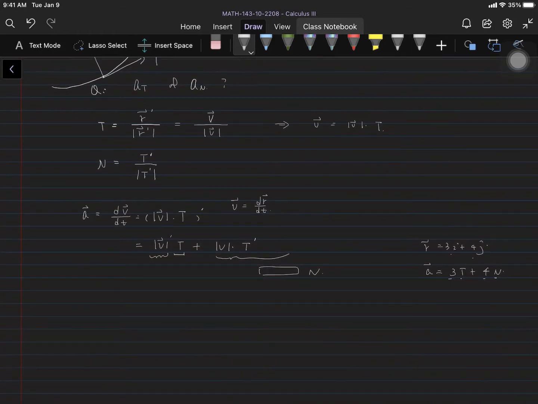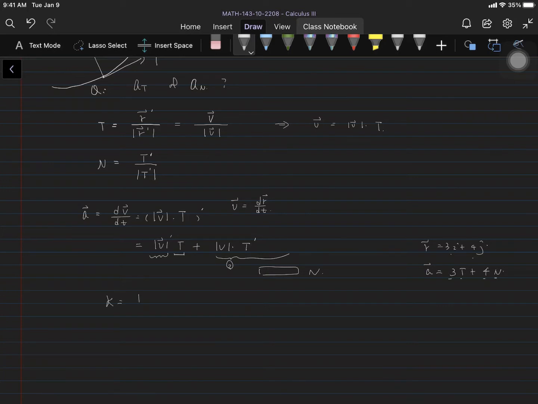Now let's take a look at how to change the second term into something times the N vector. If we look at the N vector, which is T prime over T prime length, I'm going to write down the curvature. Let's think about the curvature.